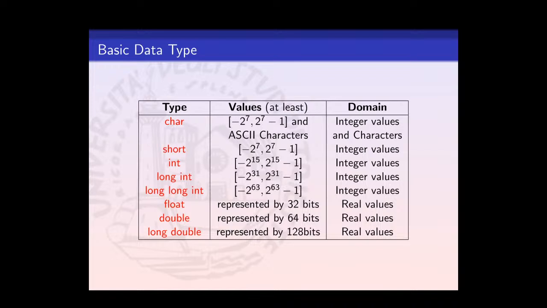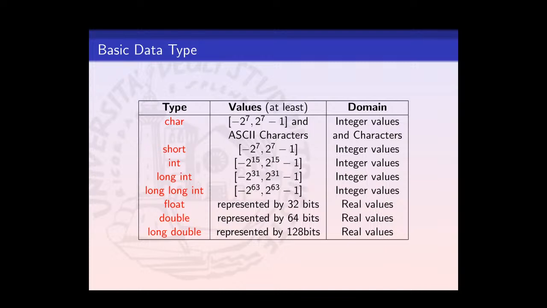So what are the basic types of the C programming language? Well, the basic types of the C programming language are those that you can see in this slide. We have a type named char, which is meant to store standard characters, let's say, the characters in the Latin alphabet, and small integer values.